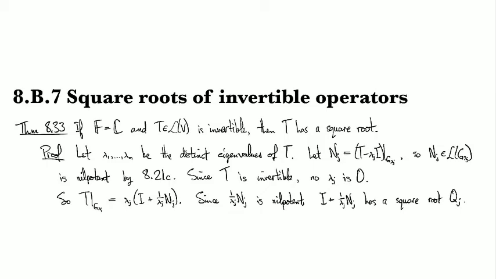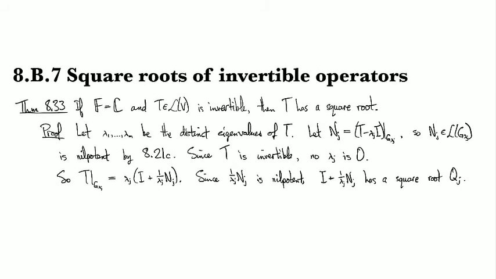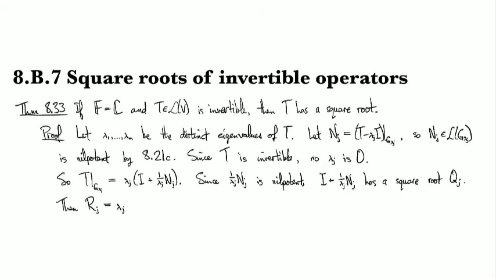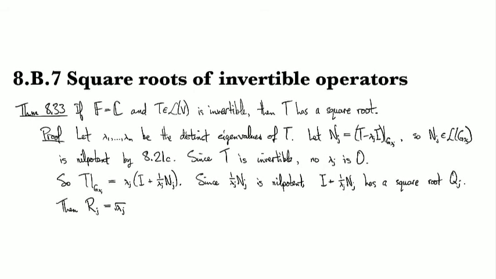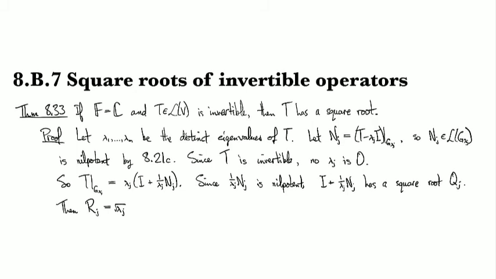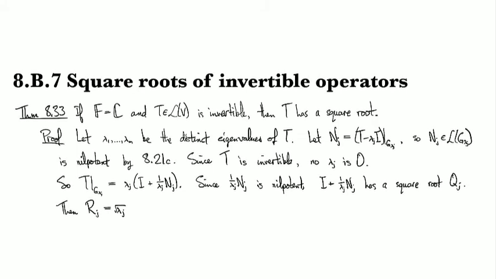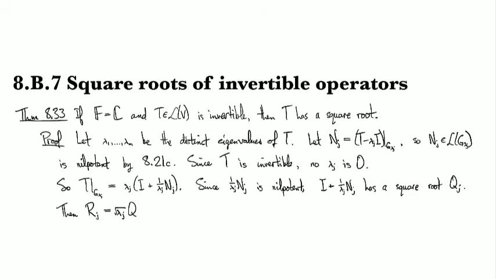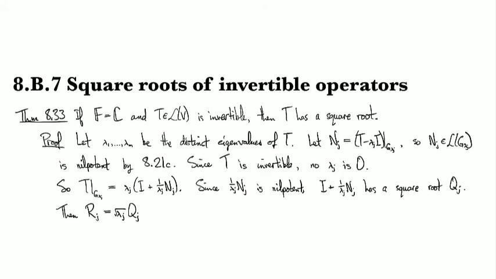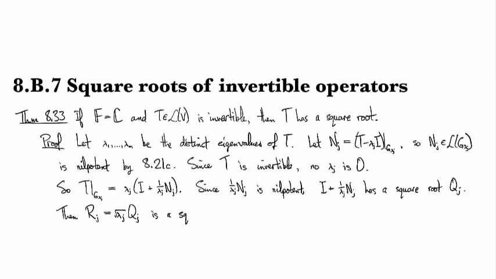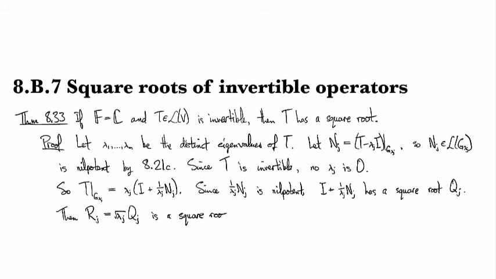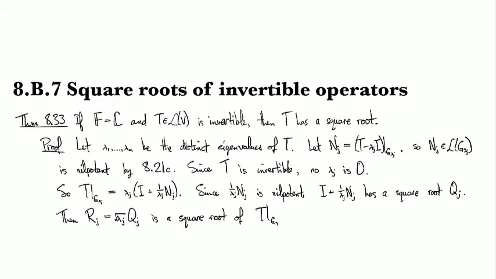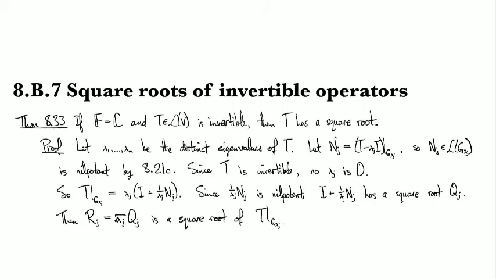Let's call it Q_j. Then if I take R_j to be the root of lambda_j, and I can take that to be any square root of lambda_j, then this R_j is the square root of the restriction of T to this generalized eigenspace.